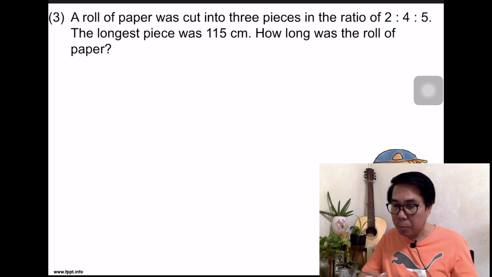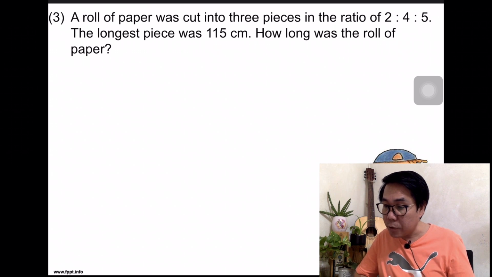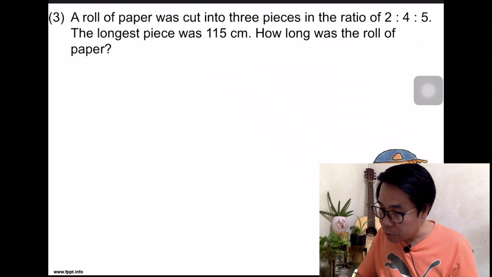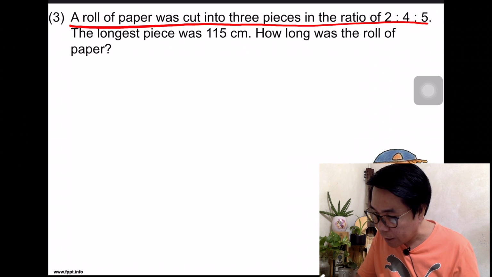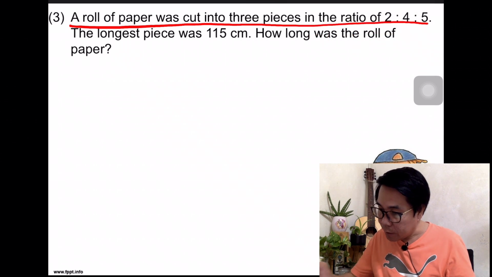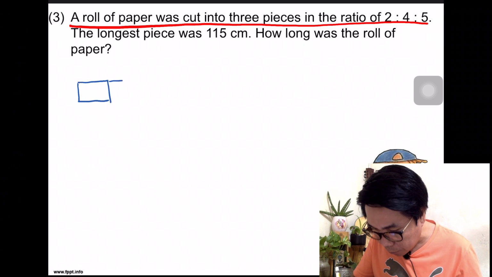Okay, let's proceed to problem number 3. Now, a roll of paper was cut into 3 pieces in the ratio of 2 is to 4 is to 5. So that's the first statement. So first, one part is made up of 2 units.